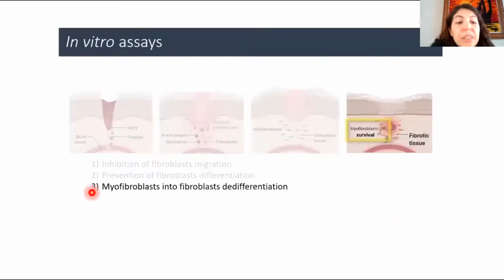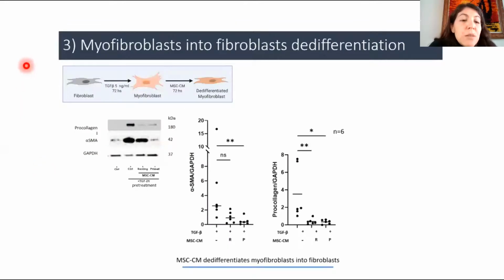In the third in vitro assay, which we called myofibroblasts into fibroblast dedifferentiation, which is one of the most interesting for me, we first differentiate fibroblasts into myofibroblasts, and after 72 hours of treatment with TGF-beta, we add conditioned media from MSCs, and after 72 hours of treatment, we collect the proteins.